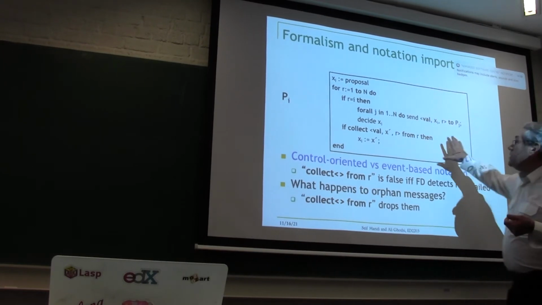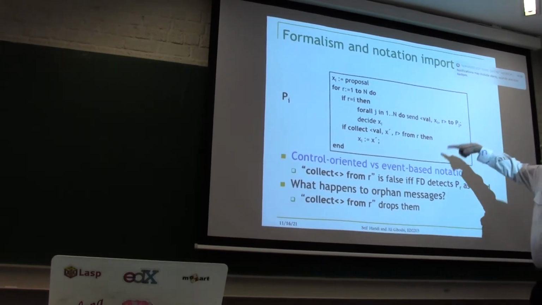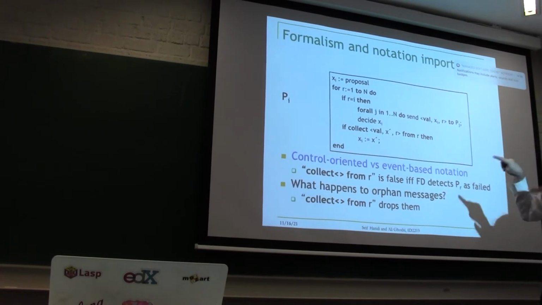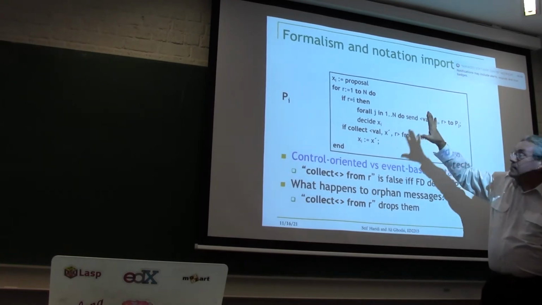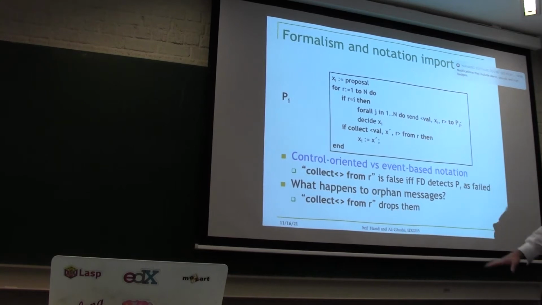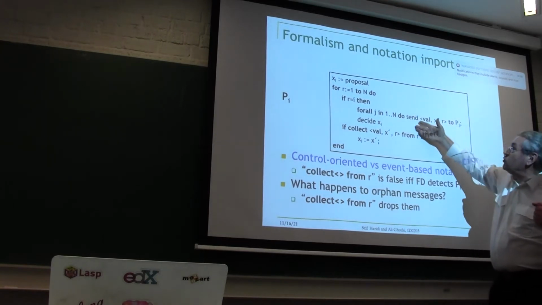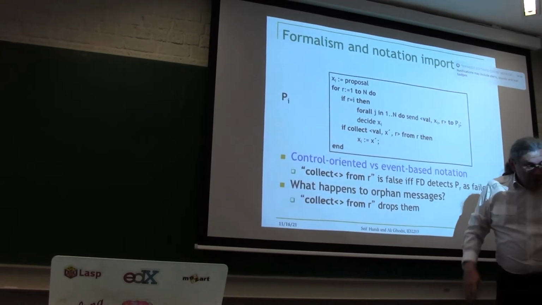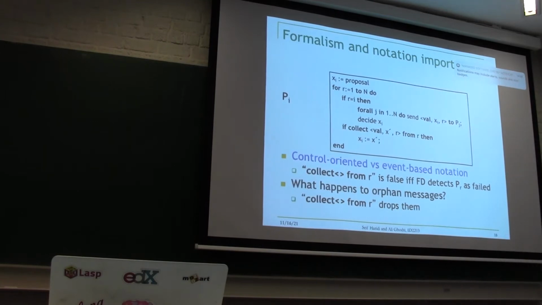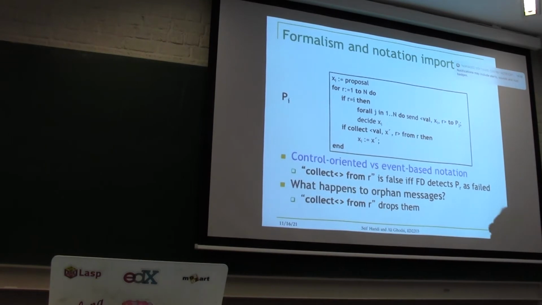So it's important to understand this, because I'm going to use this notation in a few minutes to do more sophisticated algorithms, okay? So you can translate this to the event model we saw. It's very easy to translate this, but this notation is maybe easier to read because it looks more like a standard sequential language, okay?